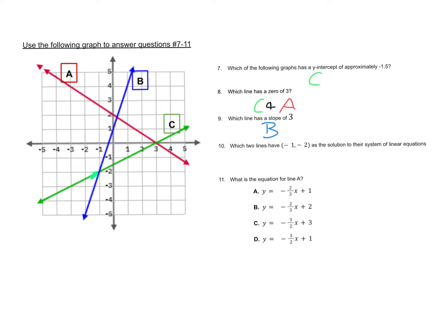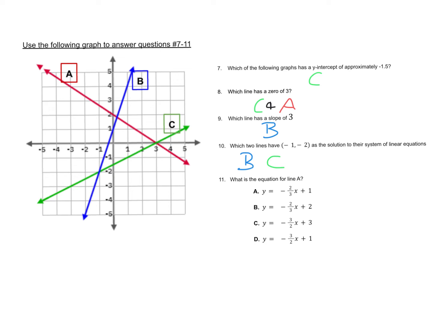And you can see there that line B and C, the blue line and the green line, intersect at -1, -2. That means this point is a solution to that system. So our answer is going to be line B and C.